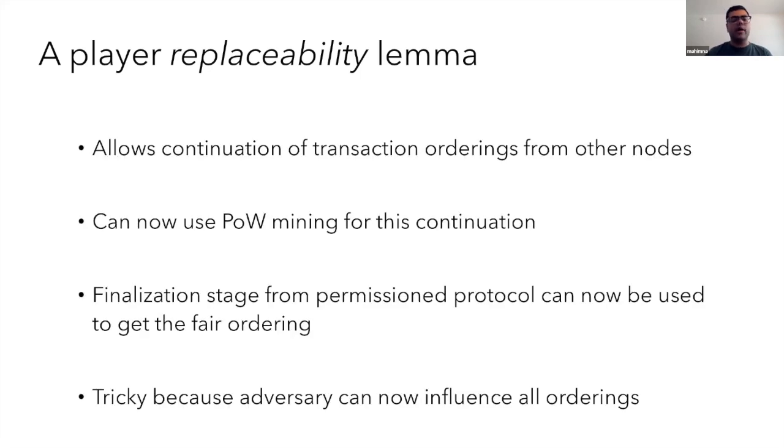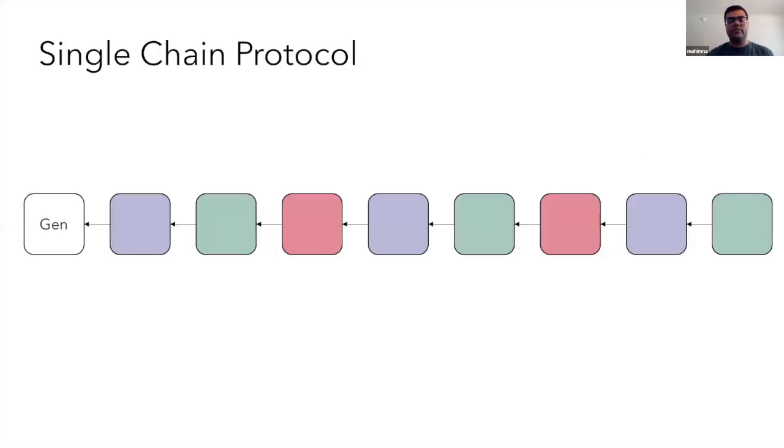For this, we highlight what's called a player replaceability lemma, which I'll only describe abstractly here. We allow the continuation of transaction orderings from other nodes. Now we can use proof of work mining to build this continuation of transaction nodes. And essentially, we now use the finalization stage from the permissioned protocol to get the final fair ordering.